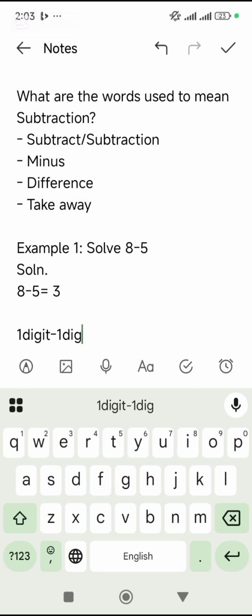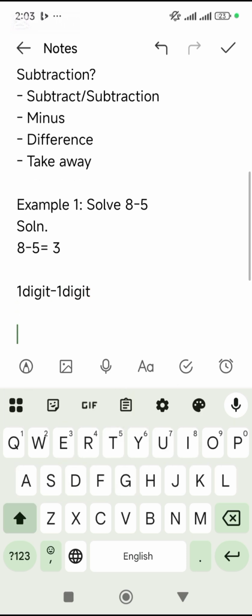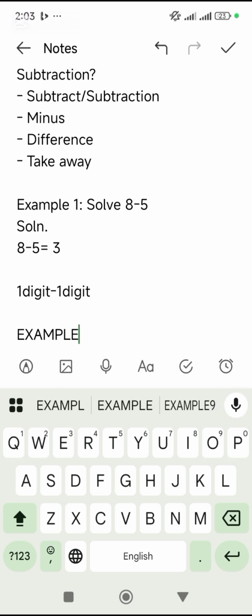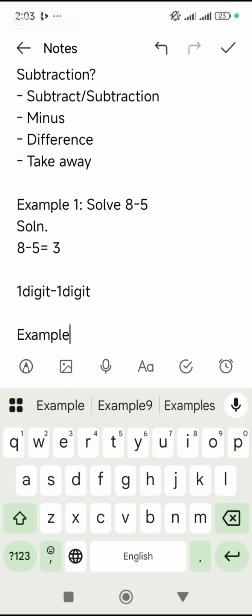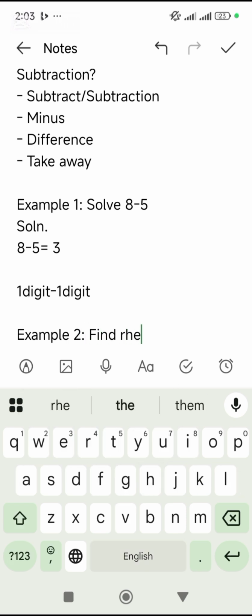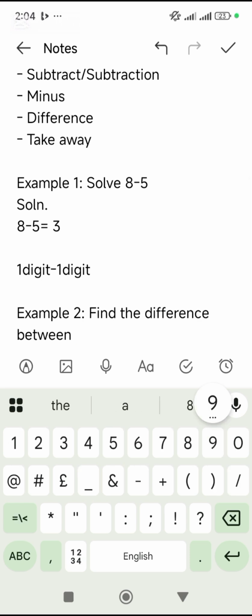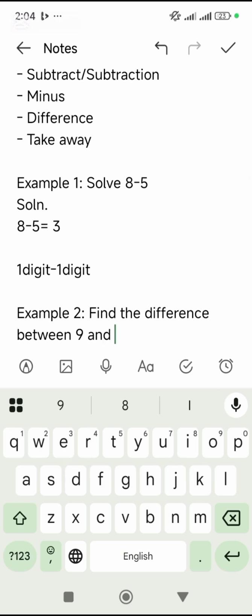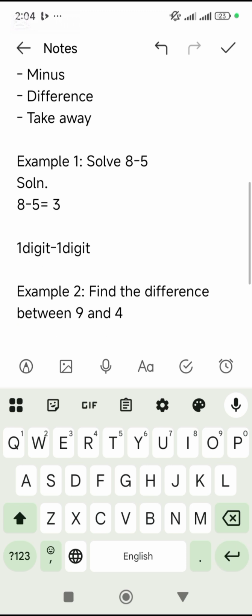We'll call this example 2. Example 2. Find the difference between 9 and 4. Solution.